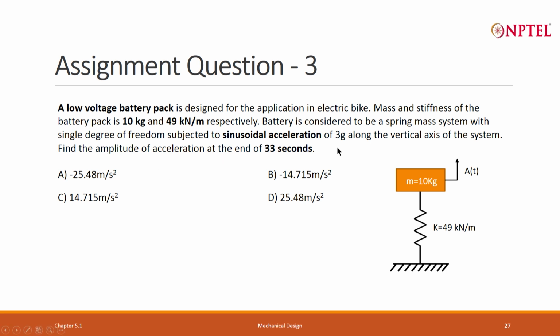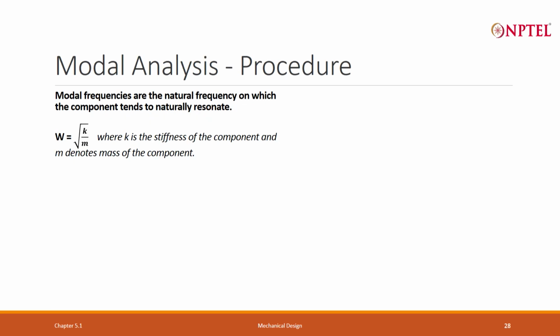So, what would be the amplitude of acceleration at the end of 33 seconds? You know t, you know f naught, you know omega. So, you have to find out f from the equation f equal to f naught sin omega t. Since in harmonic we have used 3G acceleration, that is why this problem has come up here. It is a force vibration.